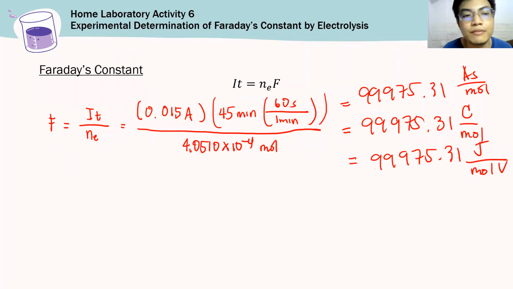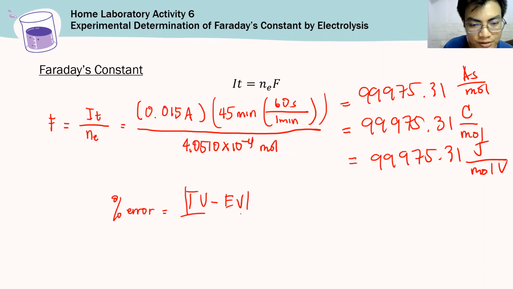And then eventually you will be asked about the percent error. To get the percent error is just true value minus experimental value, you have to get their absolute value, over true value times 100.